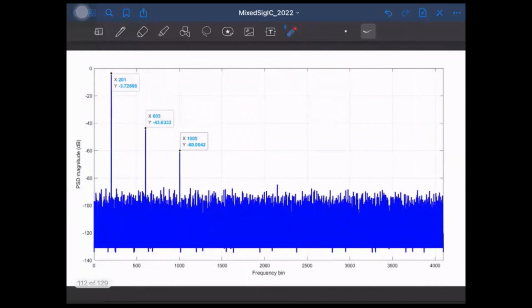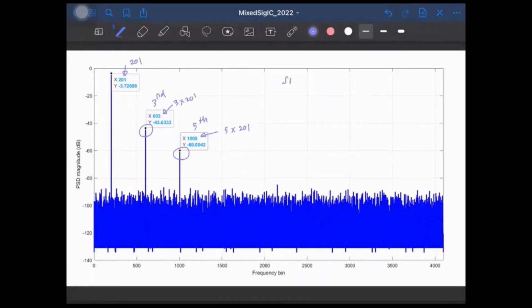As we expect, along with the signal bin, that is bin 201, we also see two impulses corresponding to the third harmonic and the fifth harmonic. This is 3 times 201, that is 603, and this is 5 times 201, that is 1005.